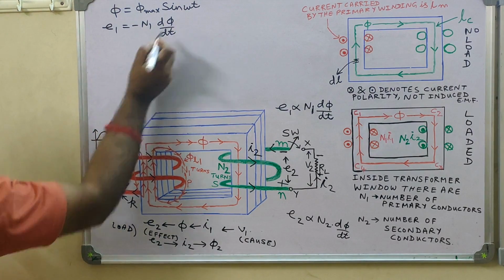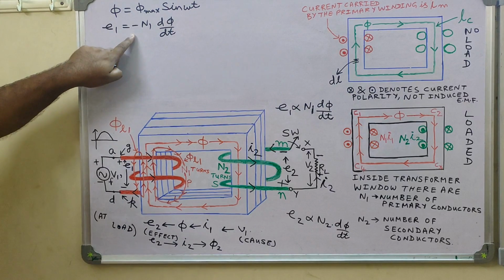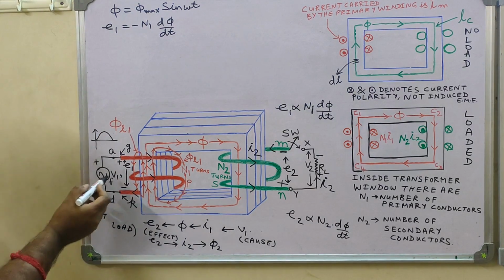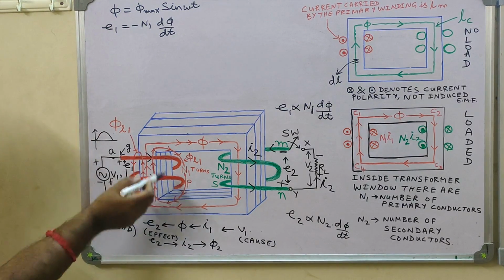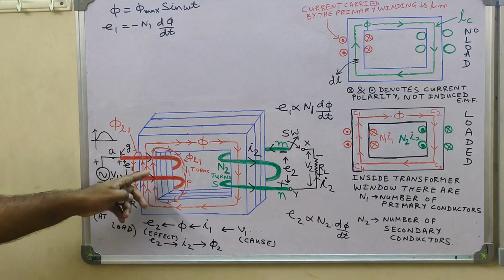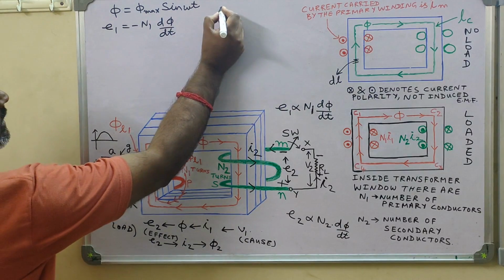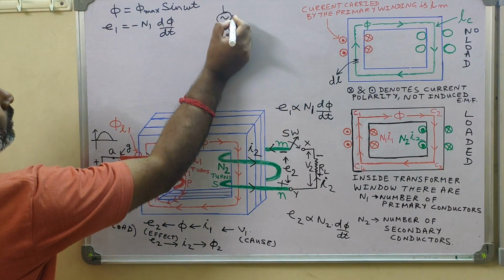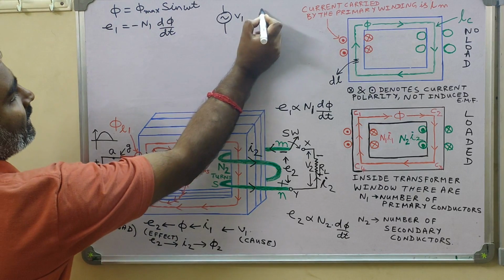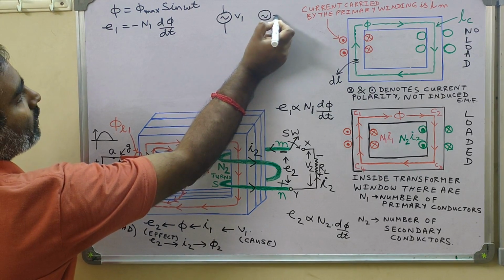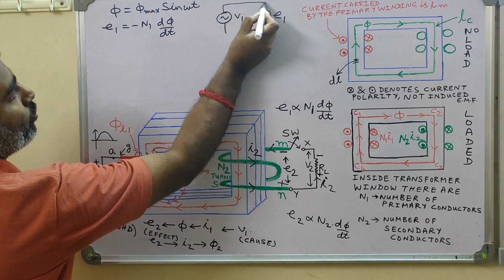This minus sign is there to take into account Lenz's law. If you represent the primary coil as a voltage source, how can you indicate the applied voltage V1 and the induced EMF E1?